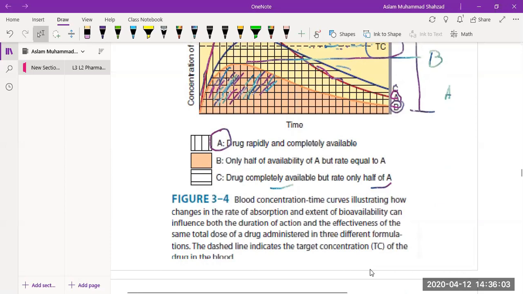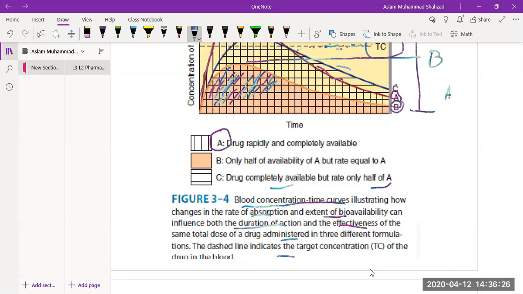If you see this figure, they also mention blood concentration time curve, illustrating how change in rate of absorption and the extent of bioavailability can influence both duration of action and its effectiveness of the total same dose of drug administered in three different formulations.